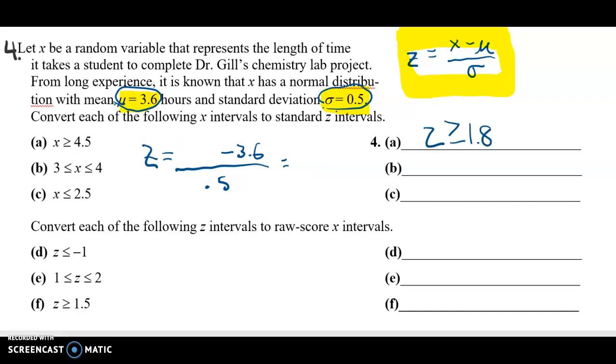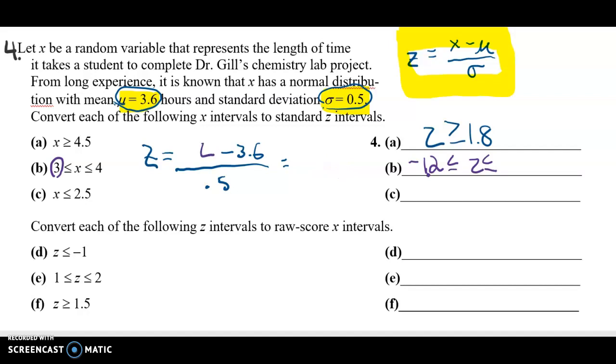The next one, I'm using the same formula, only this time I have to replace 3 first, and I'll get negative 1.2 for Z. That makes sense because 3 is less than the mean of 3.6, so it makes sense to get a negative number. So I know that my Z-score is going to be between negative 1.2 and whatever I get when I put 4 in.